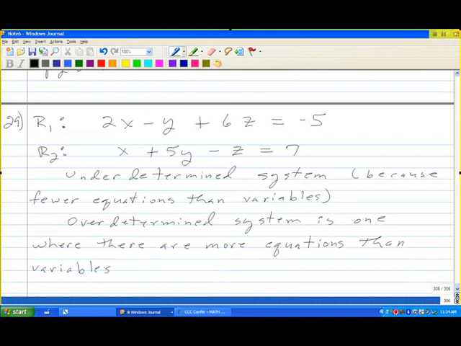Say if we have 15 equations, but only three variables.